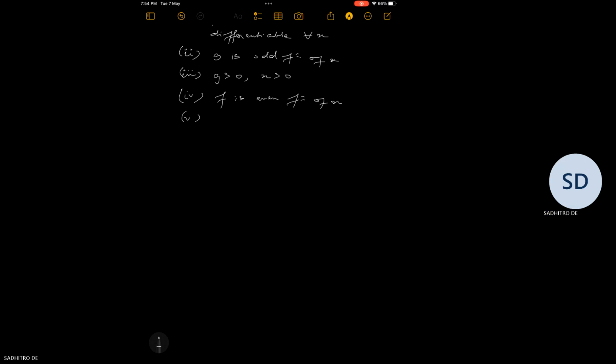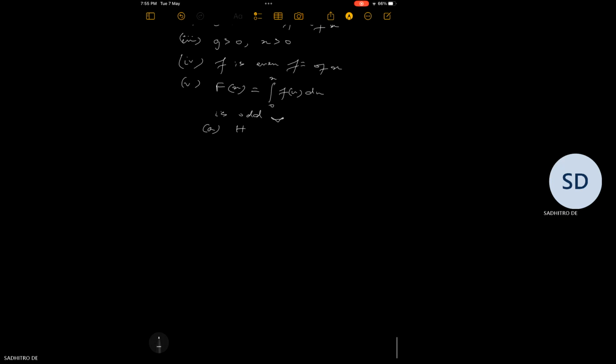Five, F of x equal to the integral of f(u) du from 0 to x, which is odd, and has exactly one positive zero at x equal to a.